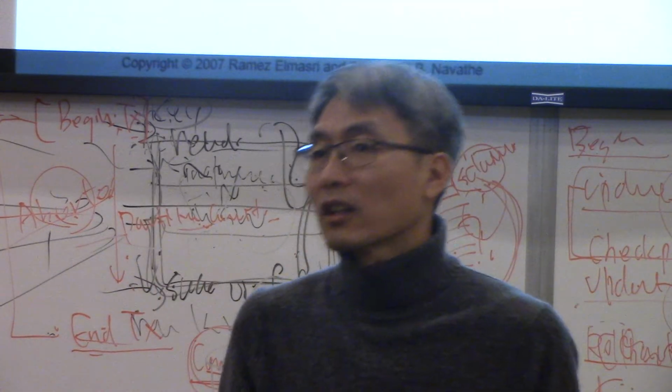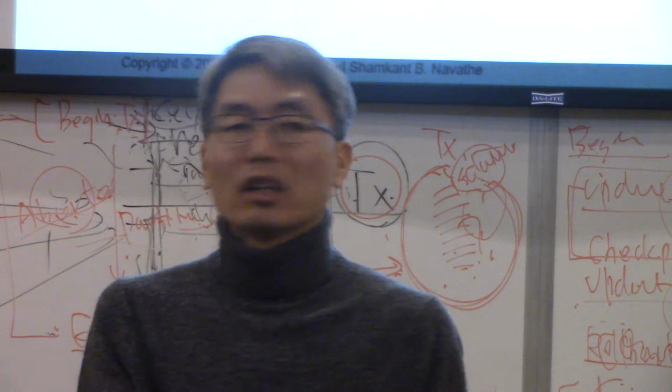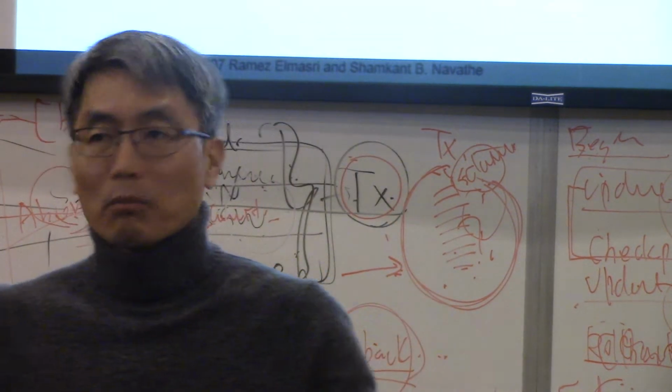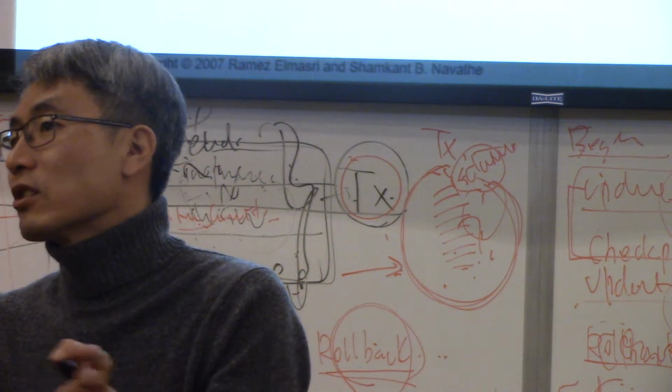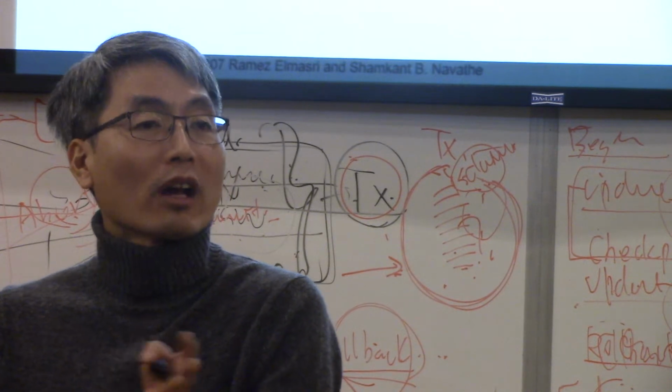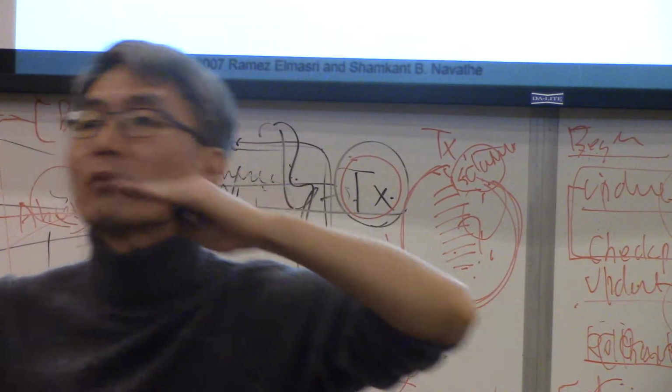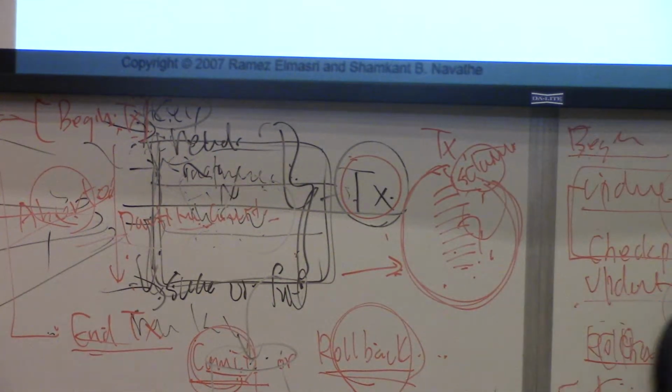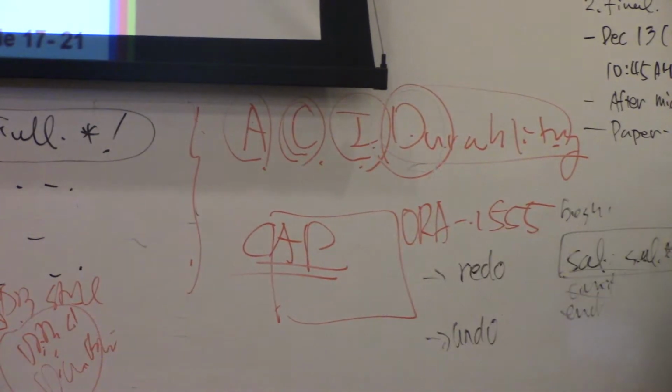Even though you commit, even though you end the transaction, the write will be deferred until your system is idle and not very busy. Then you can write the data. The problem is, commit means permanently applied, the durability.